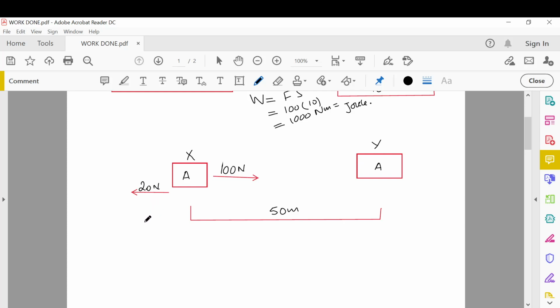Now there are different questions that can be asked. Part A: work done by the 100 Newton force.